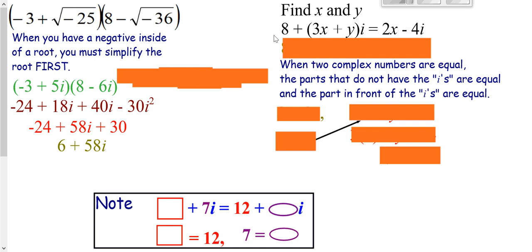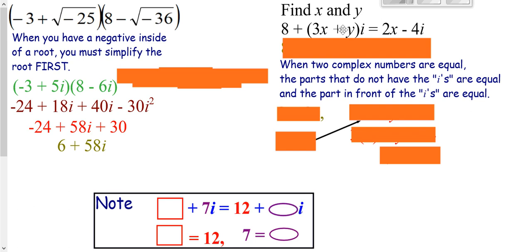Over here, we have a complex number equaling a complex number. As a side note, suppose you had something unknown plus 7i equals 12 plus blank i. Well, the only way these complex numbers can be equal is if the parts without i's, the box and the 12, are equal, and then the parts in front of your i's are equal.